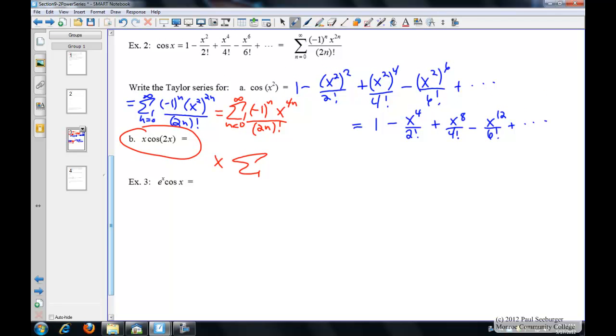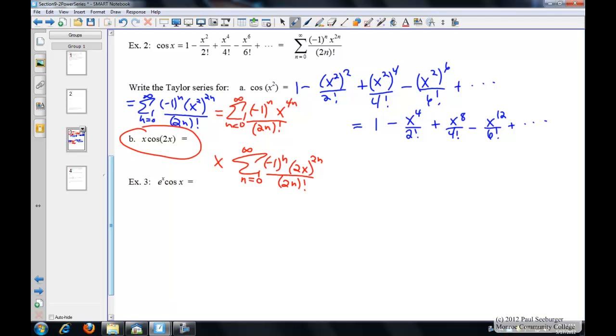Yep, I still want to see that, I suppose. Good idea. All right, so we've got x times, we're going to put 2x in there. So let's see, it's n equals 0 to infinity, and I've got negative 1 to the n, and I'm going to put 2x in there to the 2n over 2n factorial.